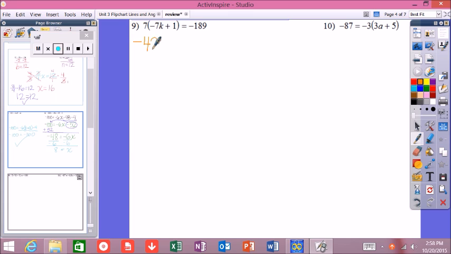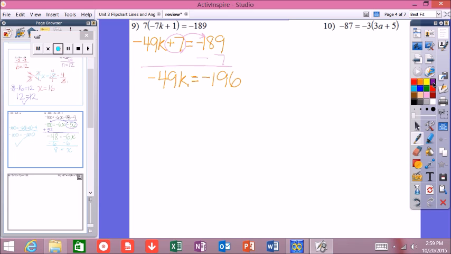Number 9 and 10 are going to be worked the same way. We're going to distribute the 7. And now we're going to try to isolate k. This is a two-step equation. Right after k is a plus 7. Using the subtraction property of equality, we're going to subtract 7 from both sides. And we're left with negative 49k equals negative 189 minus 7 is negative 196.